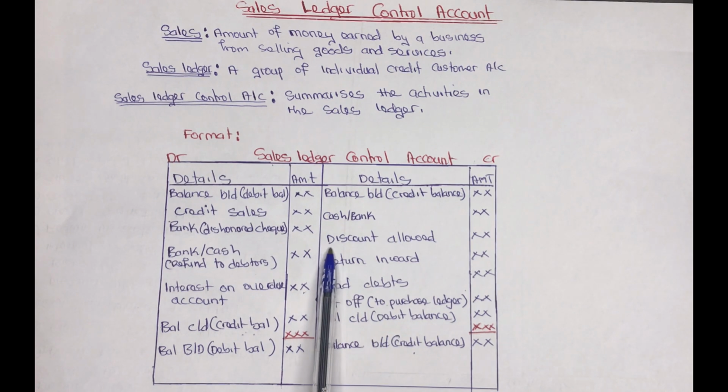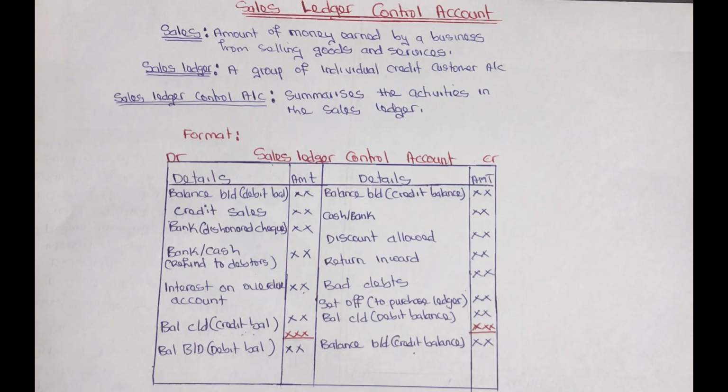And then we also have discount allowed. What is discount allowed? When a customer comes and buys goods, the business might decide to give the customer a trade discount. Say the customer bought goods for $10,000 and the business decided that you get a discount of 10%.